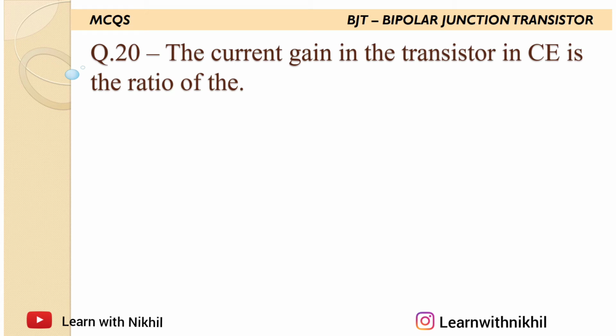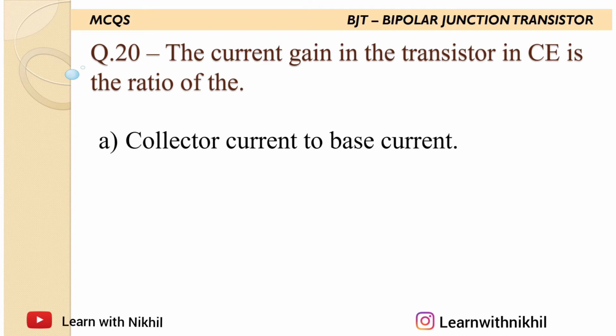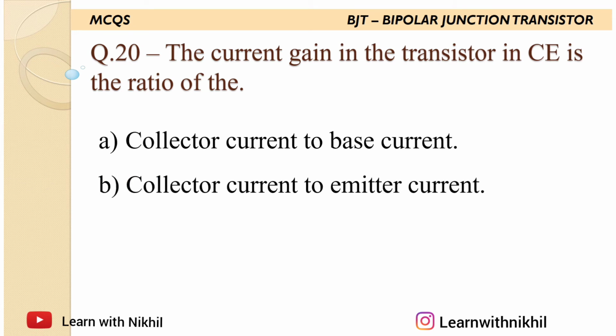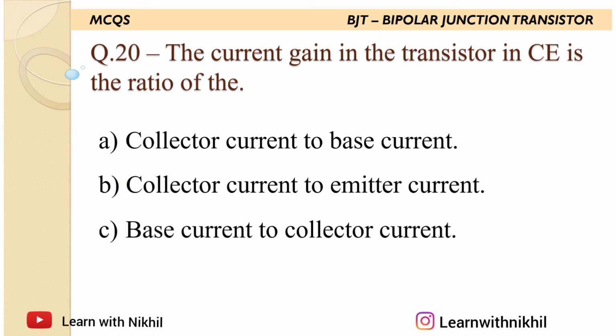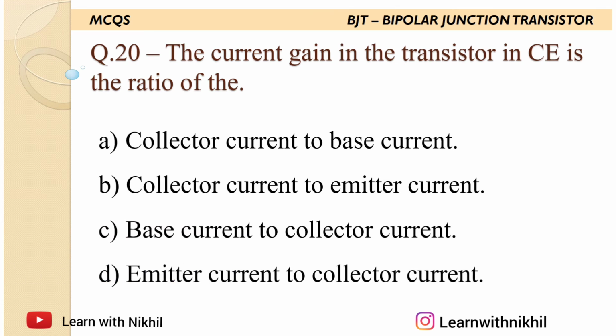Next question. The current gain in the transistor in common emitter is the ratio of A, collector current to base current; B, collector current to emitter current; C, base current to collector current; or D, emitter current to collector current. And the answer is collector current to base current.